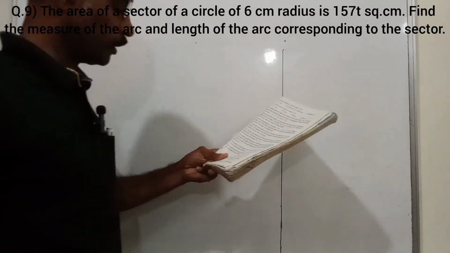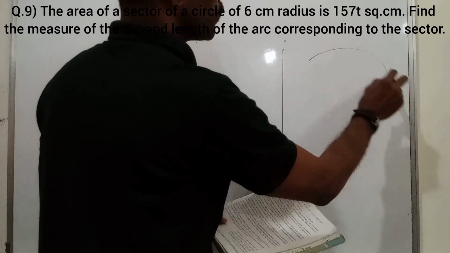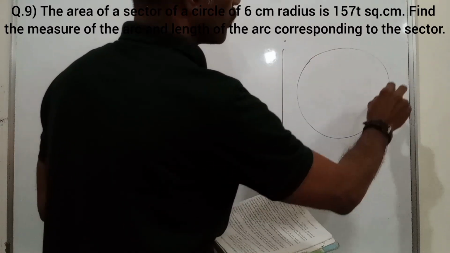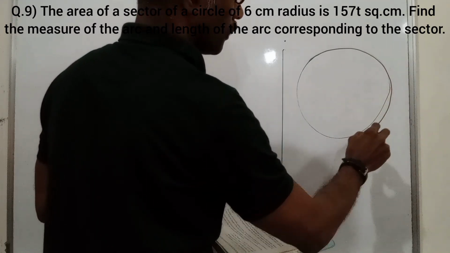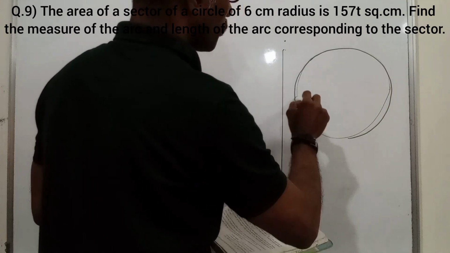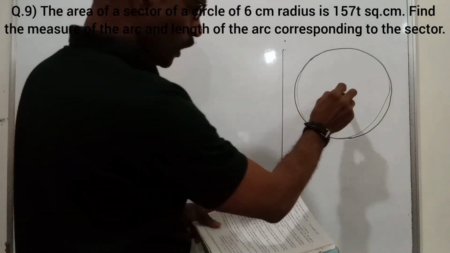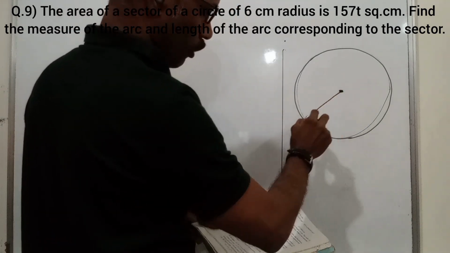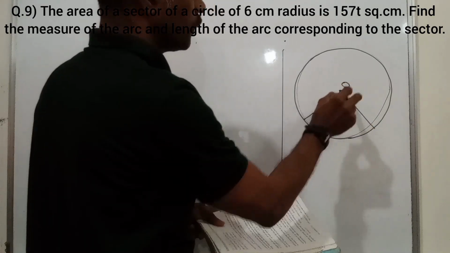Question number 9. The area of a sector of a circle. This is our circle. Now we want sector. This is our sector.